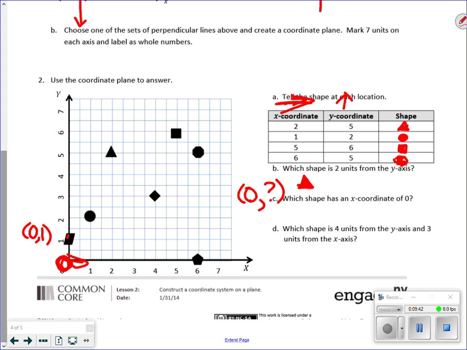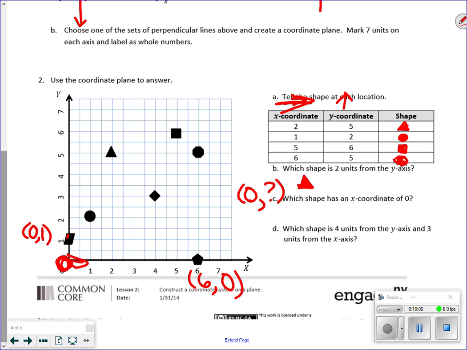So what would be my coordinate of the pentagon? So I'm going to the right, correct? I went to the right, 6 spots. Am I going up at all? No. So I went up how many spots? 0. 6, 0.